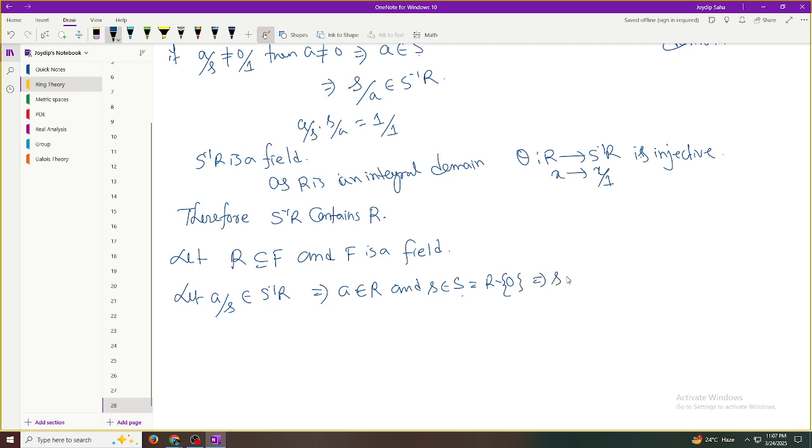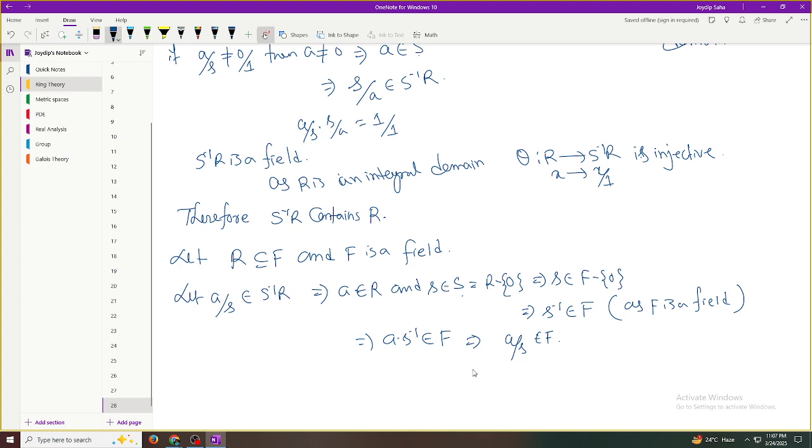This implies s belongs to F minus 0. This implies s inverse belongs to F, as F is a field. Therefore a dot s inverse belongs to F. This implies a by s belongs to F.